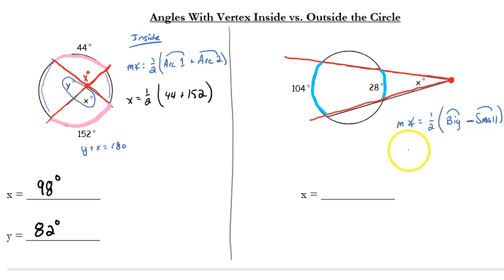In this example, x is equal to exactly half of 104 minus 28. And I can go ahead and calculate that and find x to be an angle of 38 degrees.